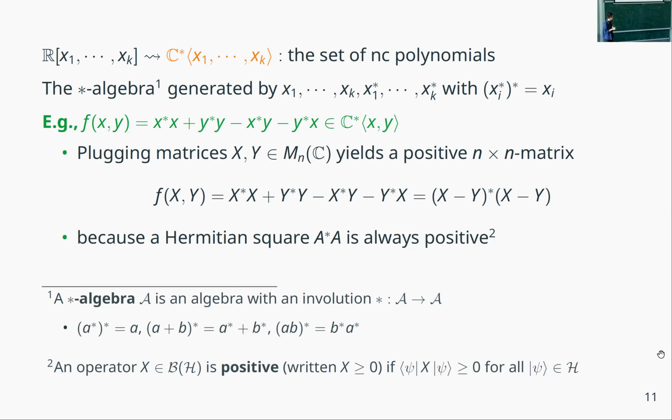The Hermitian square of any matrix or operator is always positive, so you can think of this as a positive non-commutative polynomial. Here, when I say an operator or a matrix is positive, it means that it has no negative eigenvalues, no negative spectrum.